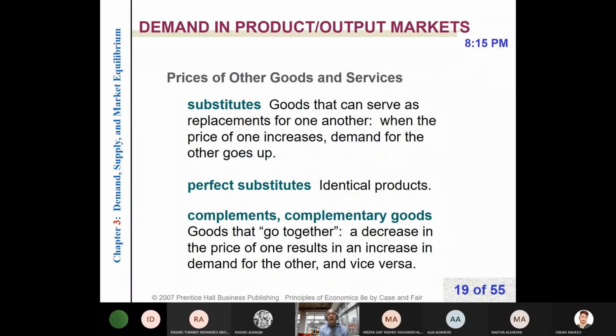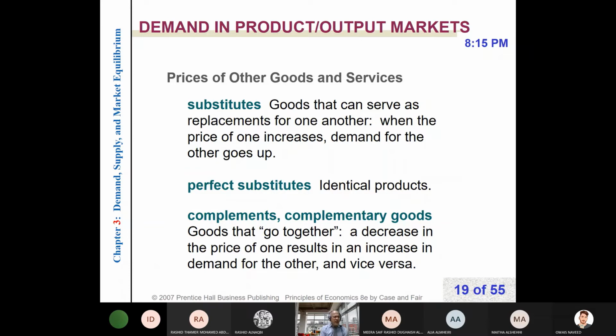If the price of coffee decreases, do you think you will buy more or less tea? Less tea because coffee is cheaper now. So, as always said, if the price of coffee decreases, I will buy more coffee but less tea. So a decrease in the price of coffee leads to a decrease in demand for tea.